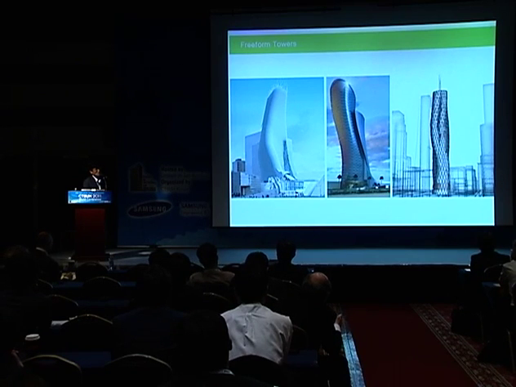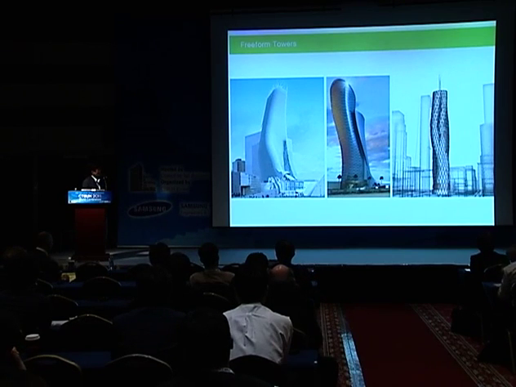There are no existing examples using diagrid, but in terms of freeform towers, the Fair Tower was not completed yet, but it was originally designed with this diagrid. This building, I believe, was completed already with these diagrid structures outside. Of course, this one has the concrete core inside as well.